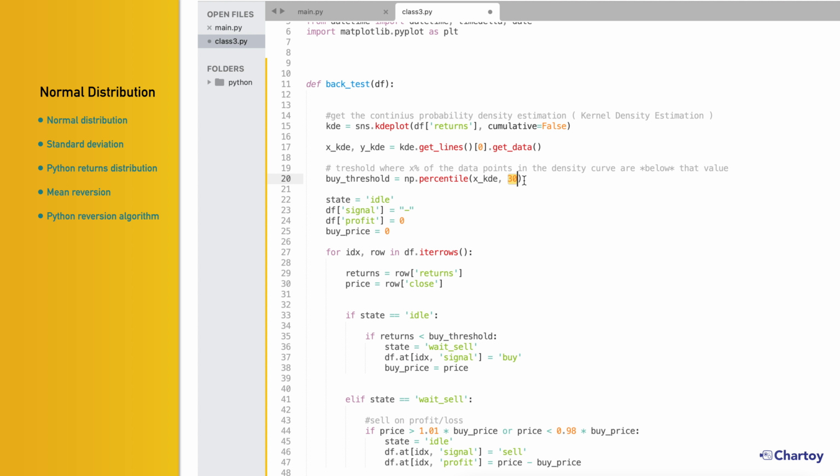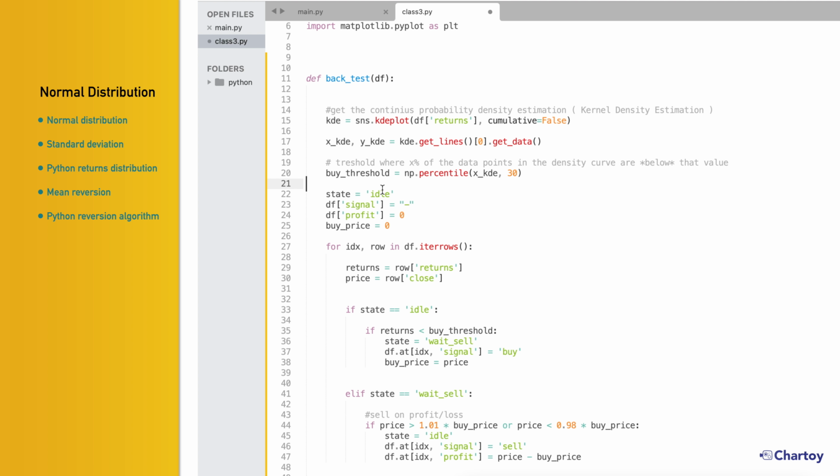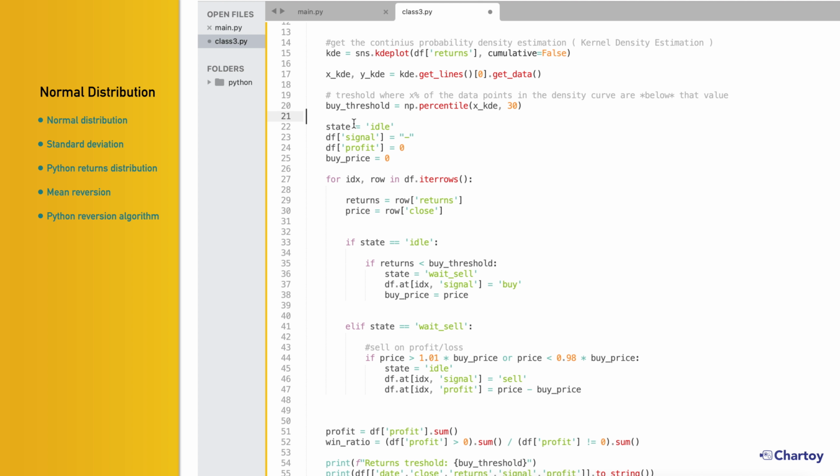We want the area where we have something that is not normal. So let's go ahead and write the actual algorithm for this buy threshold. We want to buy when we find this threshold and sell later and see if we make money or not, if we did that in the past year.